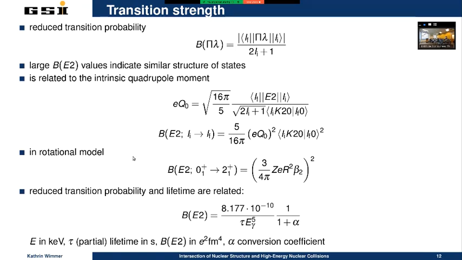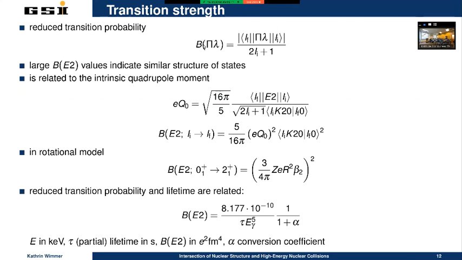So the observable, which probably gives best access to deformation, is reduced transition probabilities. So these B values of the reduced transition probabilities are measured. There's a square missing here. They measure the overlap of initial and final state.